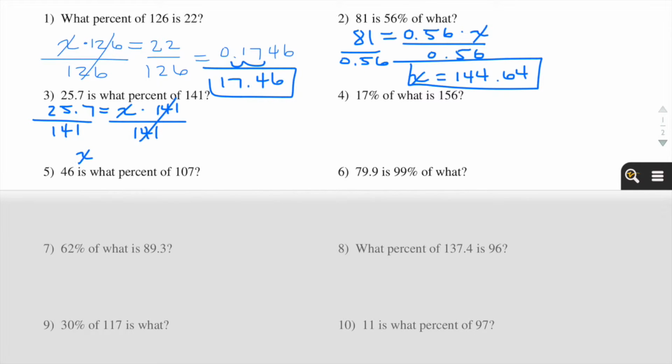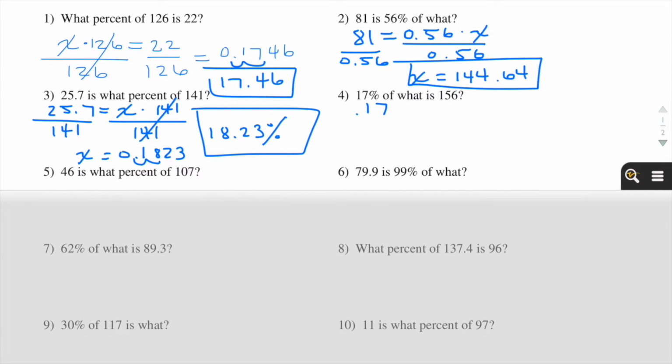We end up getting x equals 25.7 divided by 141 gives us 0.1823, and it's asking for the percent, so we got to move the decimal over 1, 2. We end up getting 18.23%.